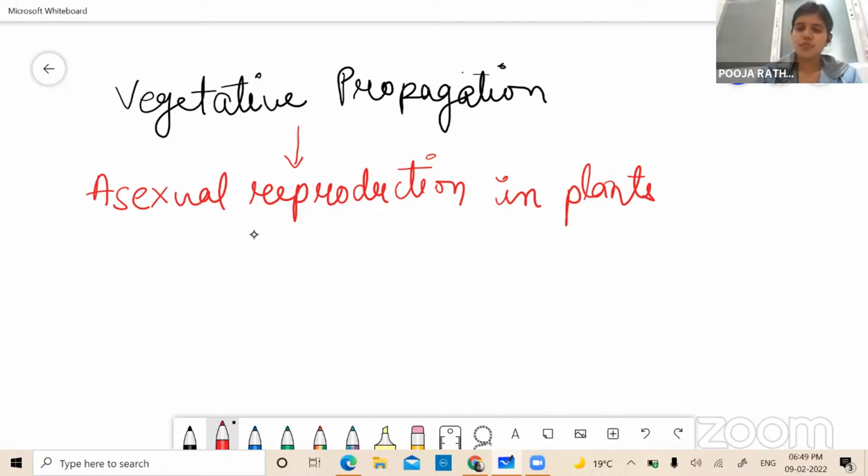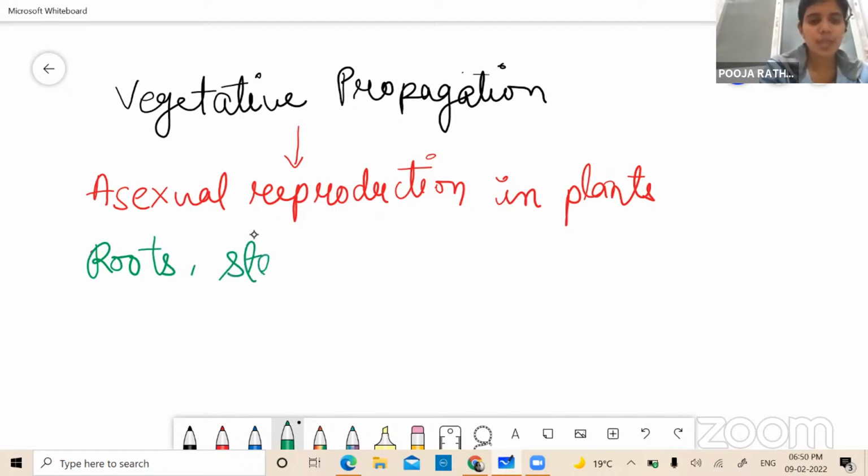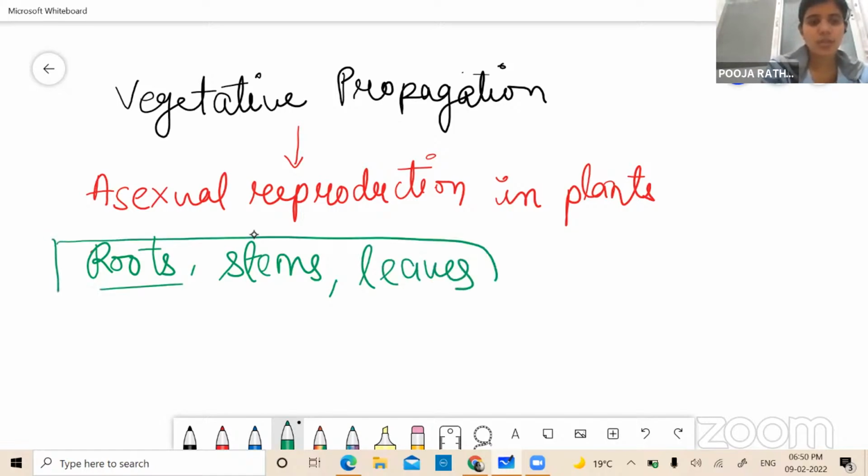In this type of asexual reproduction, plants grow their daughter plants from the body parts that they already have. They can grow through roots, or through stems, or through leaves, any one of these, and thus they reproduce.